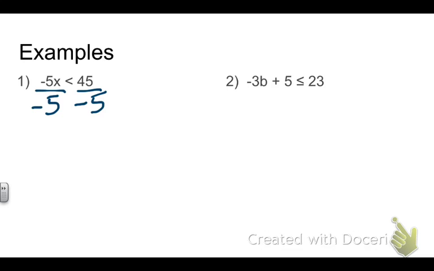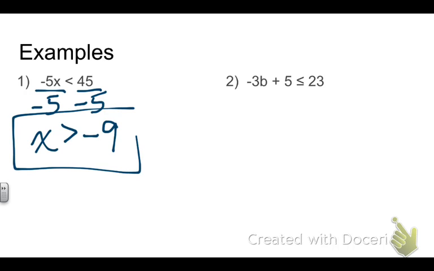Because you're dividing by a negative, negative 5 divided by negative 5 gives you 1x, and that's what you want, one positive x, but 45 is being divided by negative 5, so we have to switch the signs, and it's going to be negative 9. I know that's going to be a little bit tricky. It just takes time getting used to, and again, I'm going to show you why that works in class.